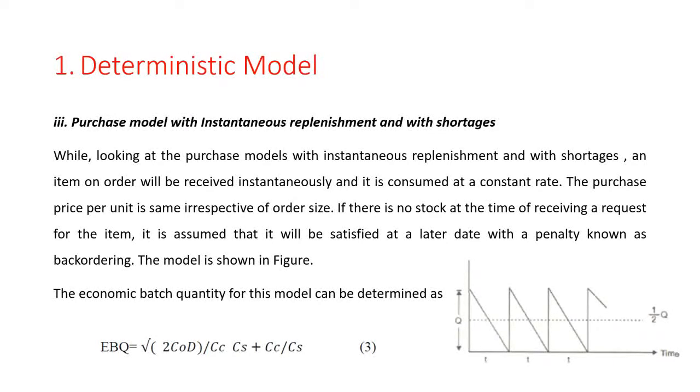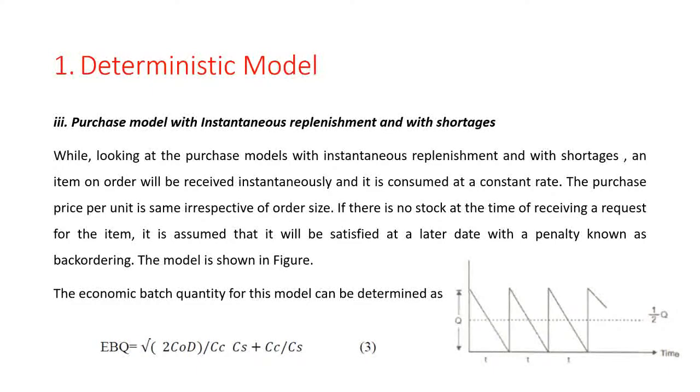Here we divide this part into two parts, each a half portion of the quantity size. The economic batch quantity for this model is the root of 2 CO R divided by CC, similar to the first model, into (CS plus CC) divided by CS. So here we get equation number 3.